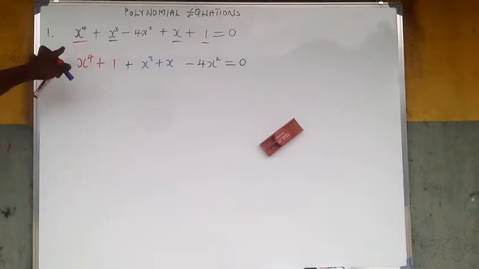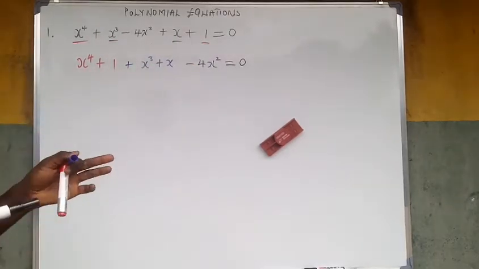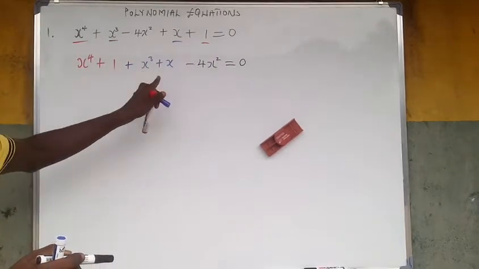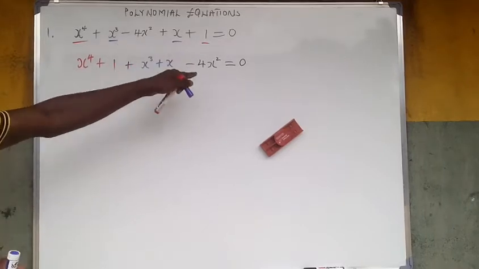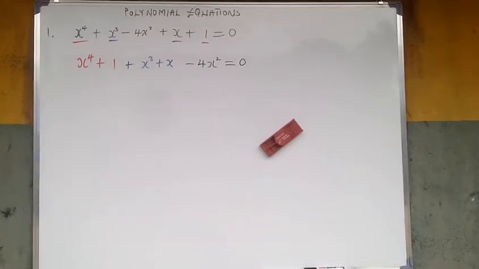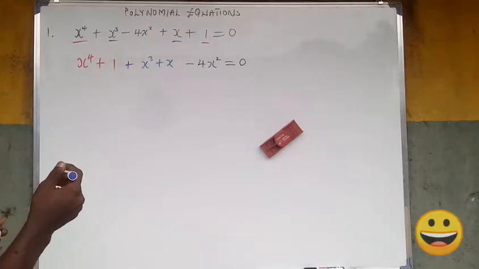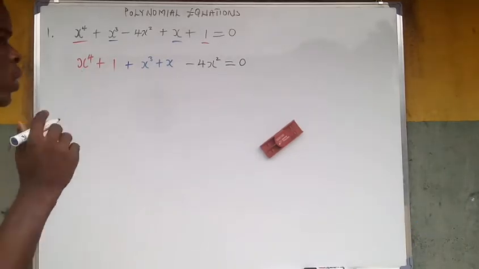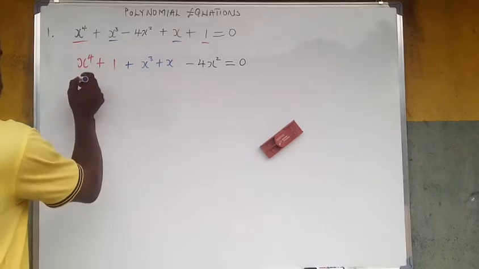Hope that's not confusing. We take this and this, take them together, x cubed and x. Then the only one left is to the second power. We keep it there. Now, from here, let's divide through by x squared. So we divide through by x squared.